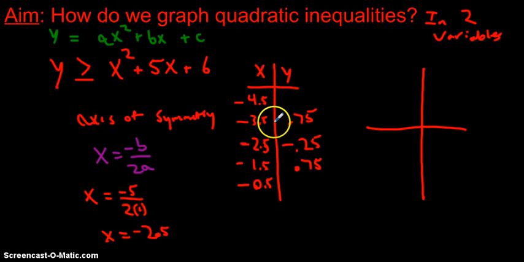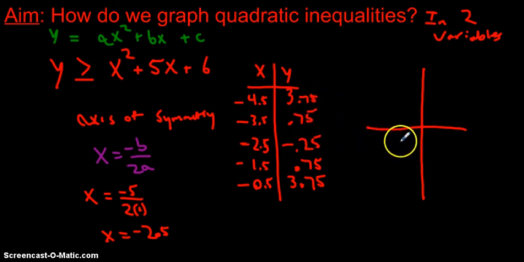I also know if I go up 2 values from my vertex, it actually increases by an additional 3, so this will be 3.75 and 3.75. That's just from my own experimentation. The reasoning I can't give you right now. You can calculate all of them by hand, but I don't see the point if I know this.